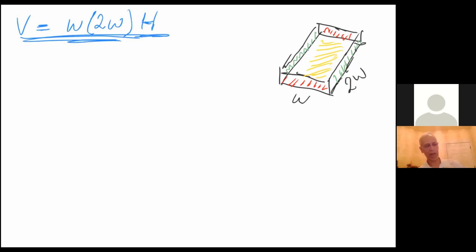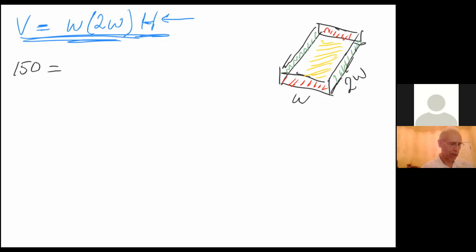Now, I do have 2 variables, and I need to somehow turn this height into something in terms of width. So what am I going to do? I'm going to use the information that 150 square feet was given to me.